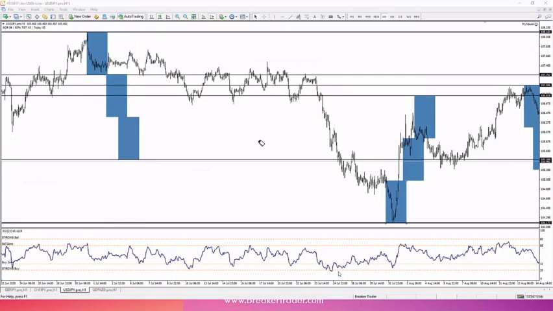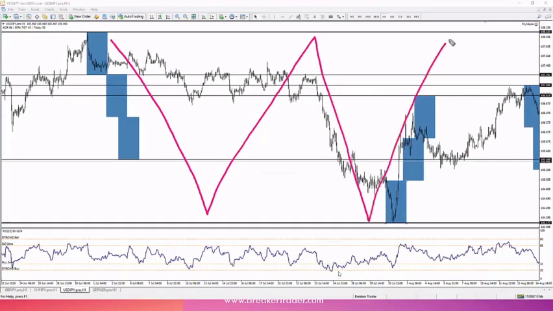So the way I use this is if price has exceeded 3 times its average daily range from the last peak formation high or peak formation low, as these are called, the peaks of these swings, what I'm going to do is start paying attention to the possibility of a consolidation forming and then a move back in the opposite direction. Because typically what the market makers, the banks, will do is they will move price down and then move price back up. Move price down and move price back up.